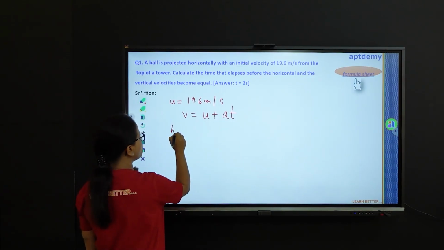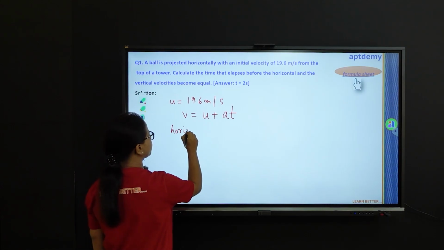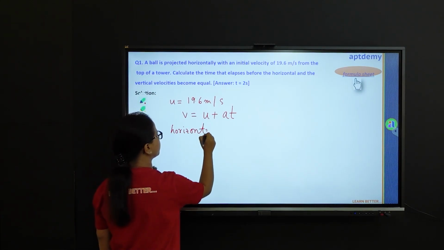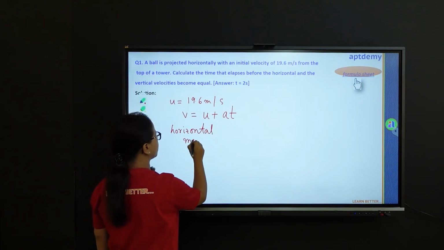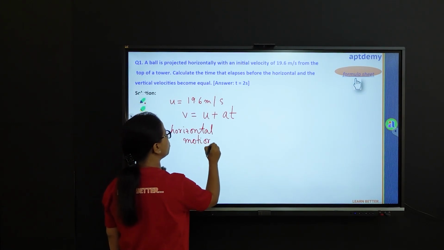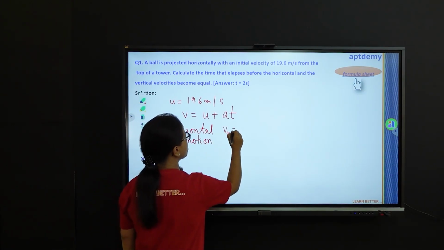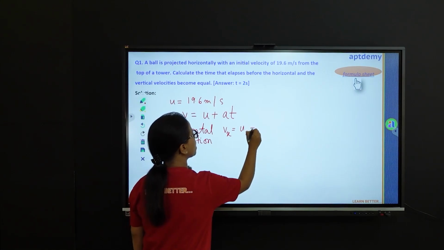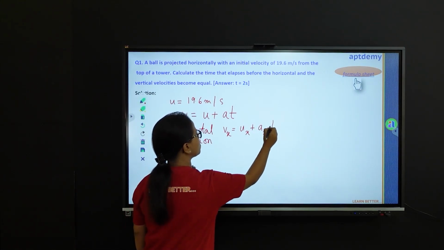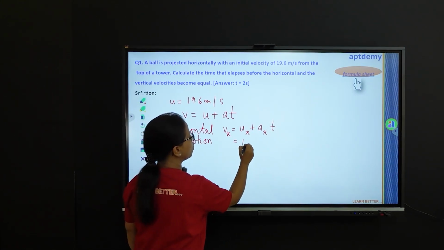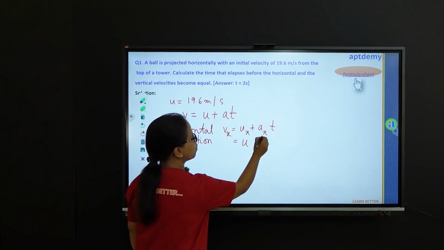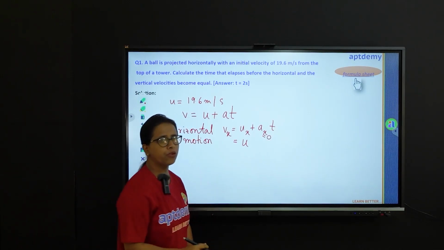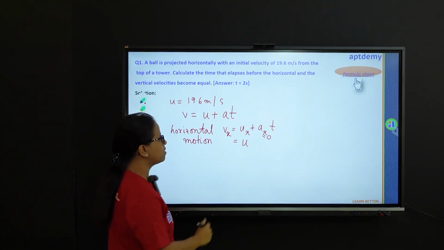For horizontal motion, V becomes equal to Vx, which is nothing but ux plus ax times t. This is u and ax is equal to 0 as there is no component of acceleration in the horizontal direction.